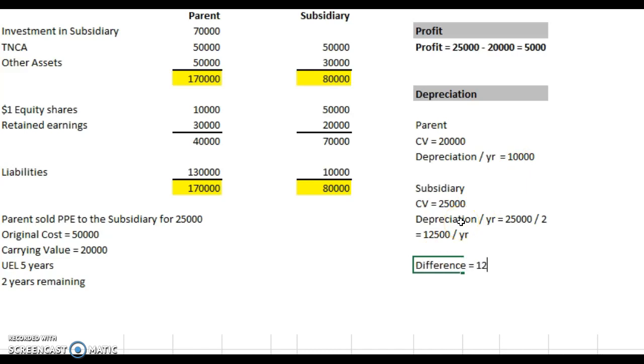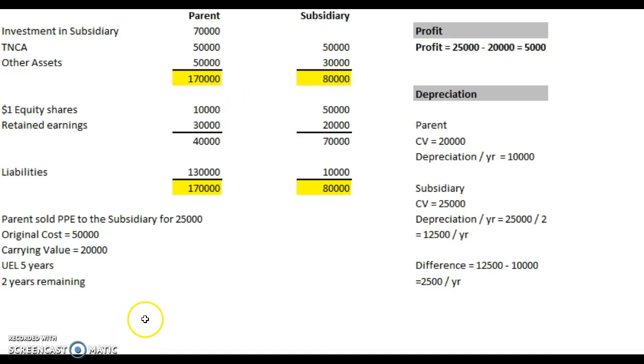Difference equals 12,500 minus 10,000, which equals 2,500 per year to be removed from the balance sheet.